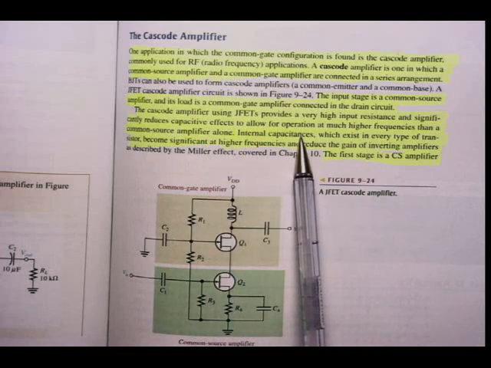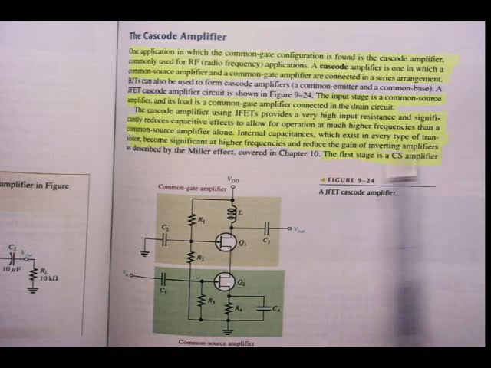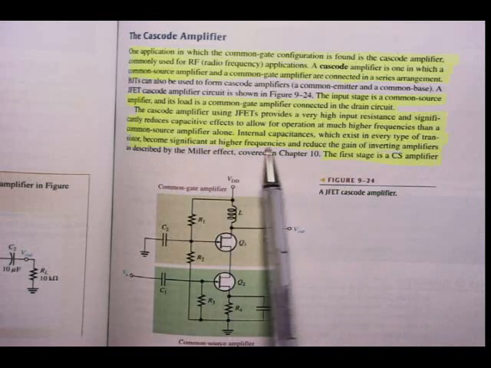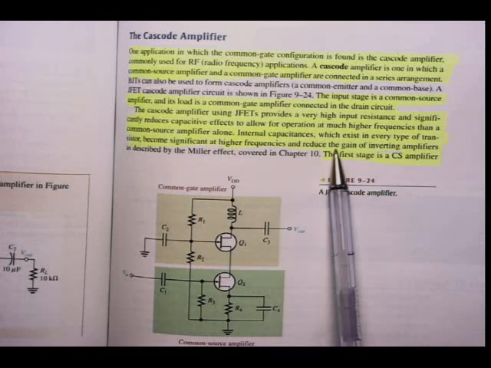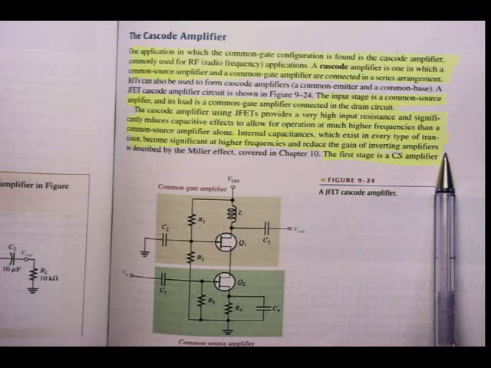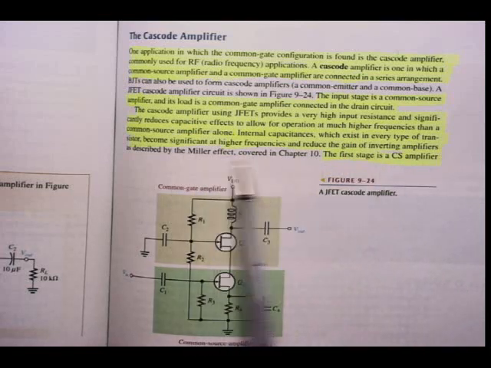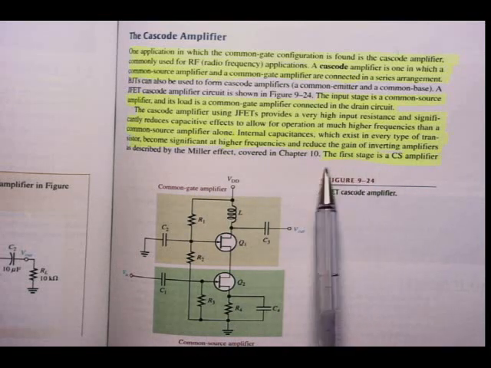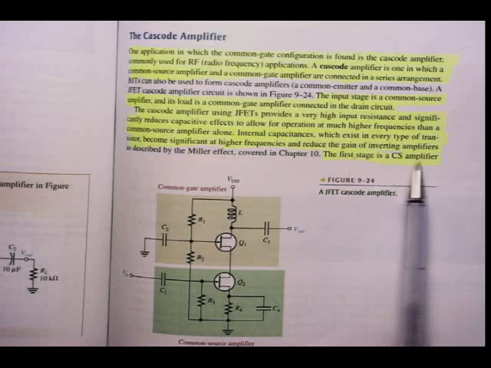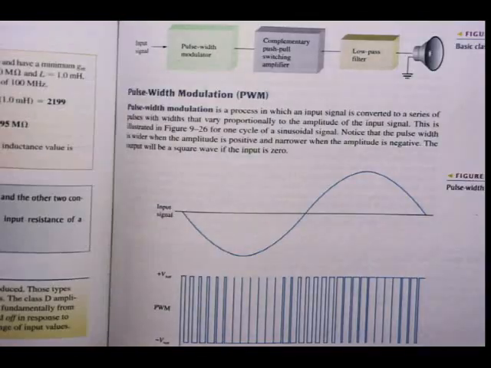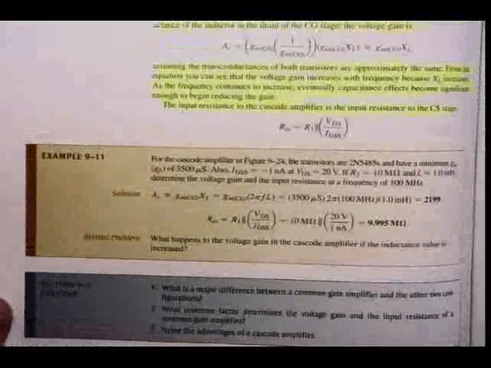Internal capacitances, which exist in every type of transistor, become significant at higher frequencies and reduce the gain of inverting amplifiers, which we've seen basically in chapter 10, because we have discussed chapter 10 already. So the first stage, a common source amplifier, inverts the signal.